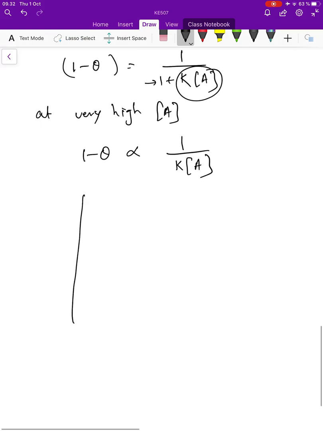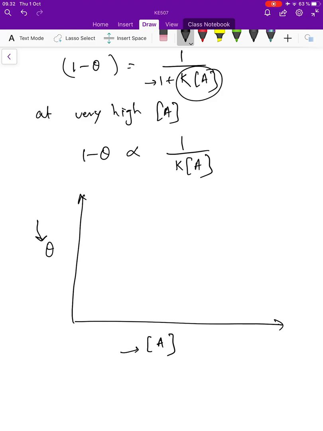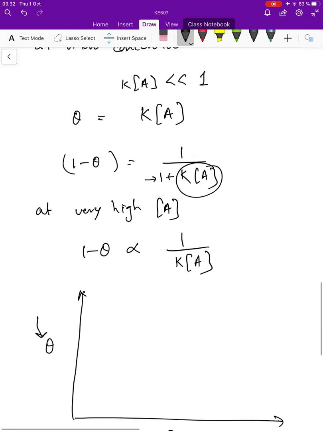So let us plot how this Langmuir isotherm will look for this simple system. On the x-axis, you have the concentration of A. On the y-axis, you have the fraction of adsorbed sites. So the idea here is to predict how much adsorption will occur as I increase the concentration of my adsorbent.